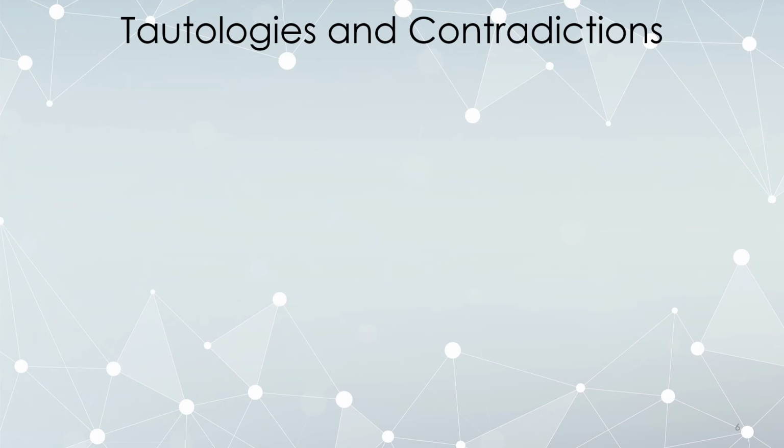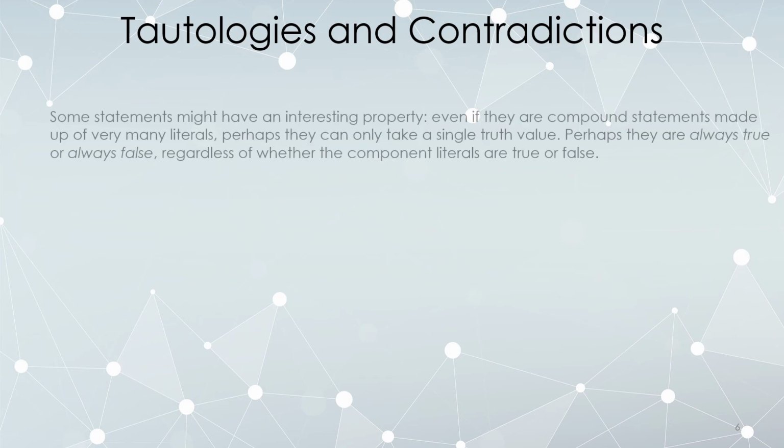Now, let's discuss something called tautologies and contradictions. What can happen is a very interesting property. Sometimes you can make a complicated compound statement with many different literals in it, but the end column that you get is always true or perhaps always false.